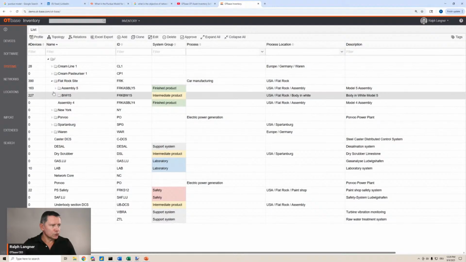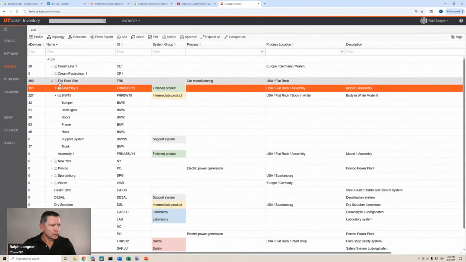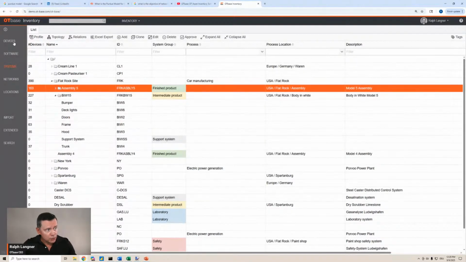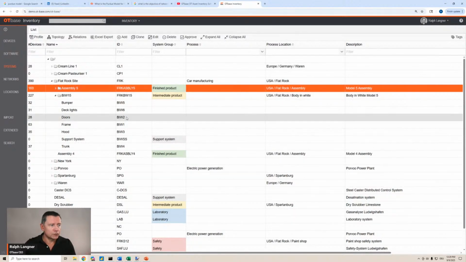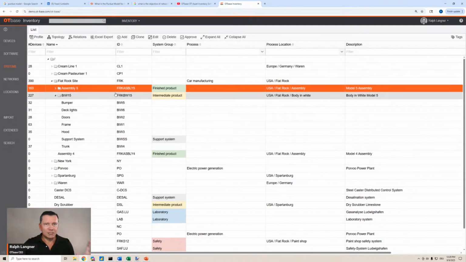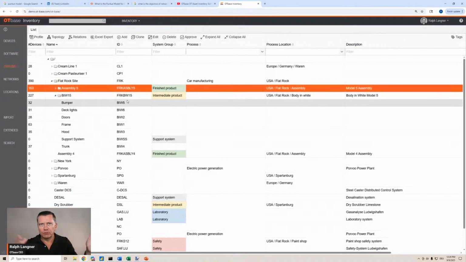So if we just look at this one slide here, you can see this is the systems view in the OT-base inventory. You can look at atomic devices, but for this discussion, it makes much more sense to look at systems, and this basically refers to ISA 95, where you would substructure your site into functional units, and the level of granularity is pretty much arbitrary.